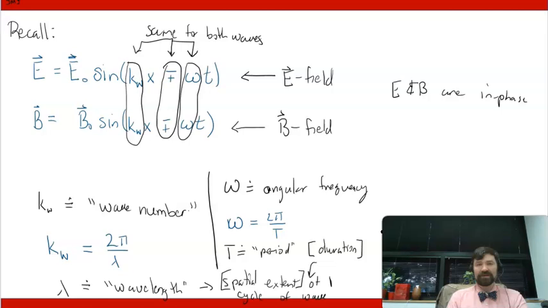Okay, so you have all that information just looking inside this pair of equations.